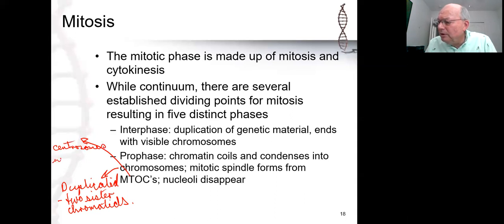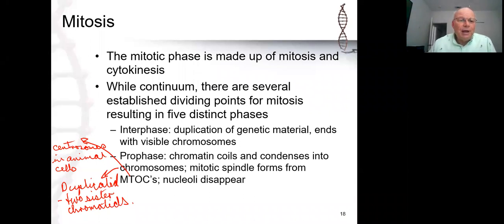So it's the centrosomes in animal cells. And they contain the centrioles, which we talked about back in chapter 6. So MTOCs is a generalized term that applies to both animal cells and plant cells.